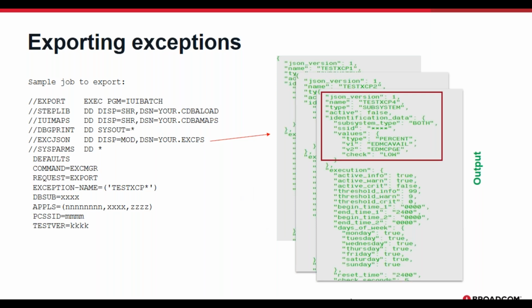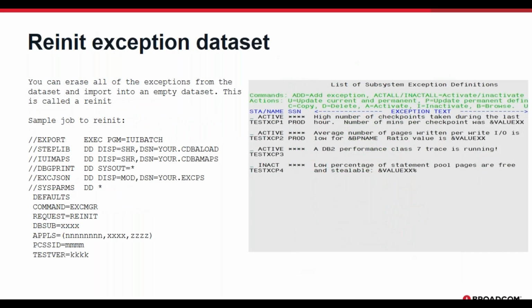The next slide will show us the Reinit. The Reinit is basically a way of importing, with the exception that everything located in the data collector will be erased. So the dataset you are importing into will be cleared out, and only the exceptions that you are importing with Reinit will be left in it.